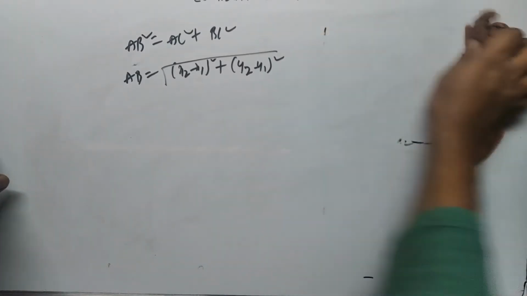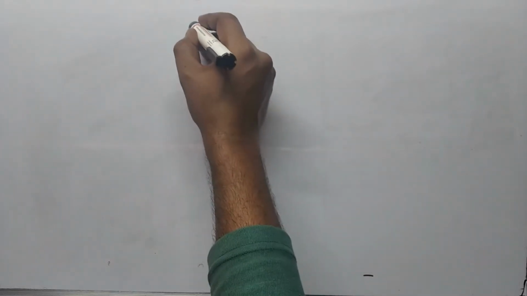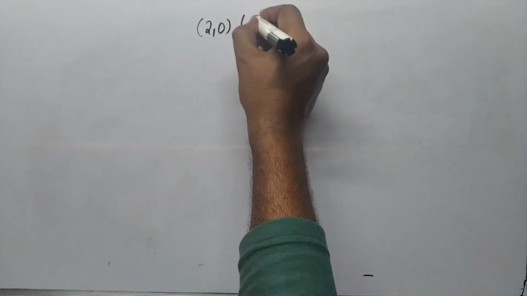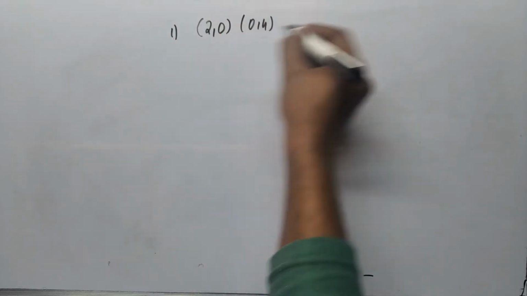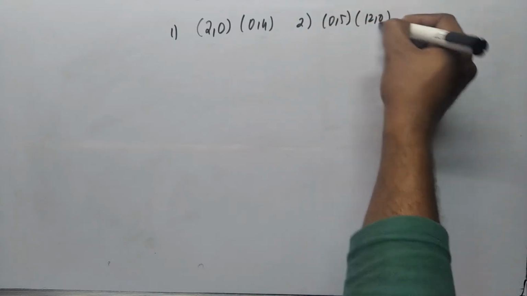Now I am solving some problems. Many of them have made a mistake, so just try to watch this. Previously I have taken some questions, so we will be solving these. The first question is 2 comma 0, 0 comma 4. The second question is 0 comma 5, 12 comma 0.